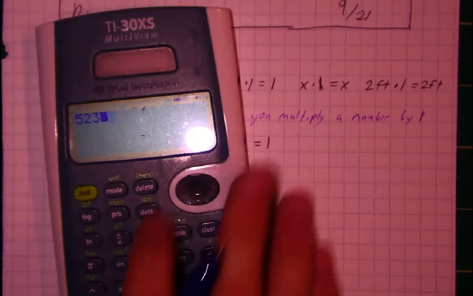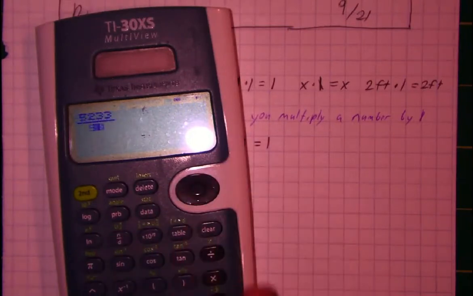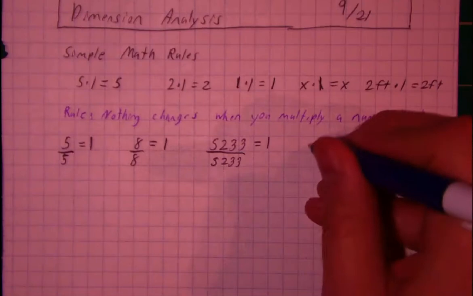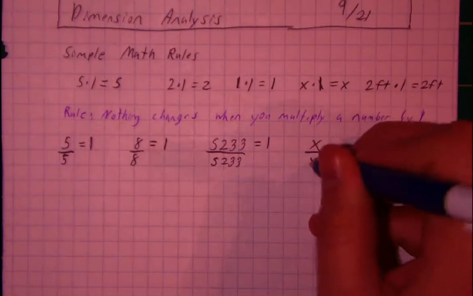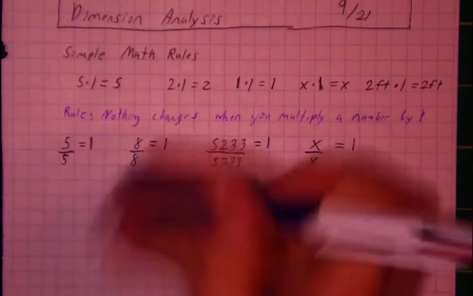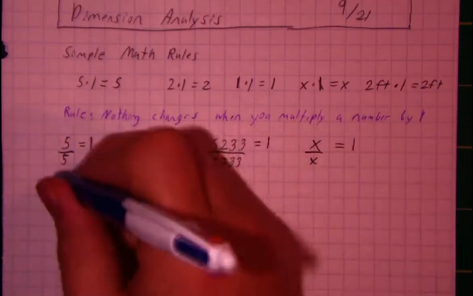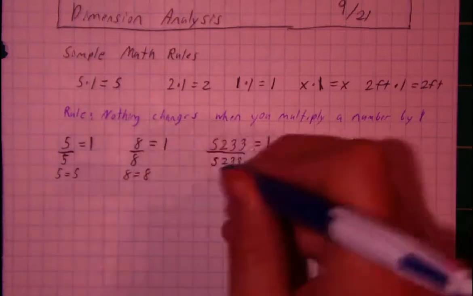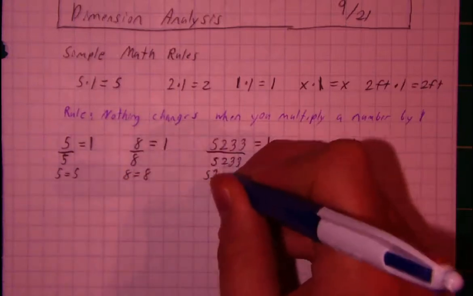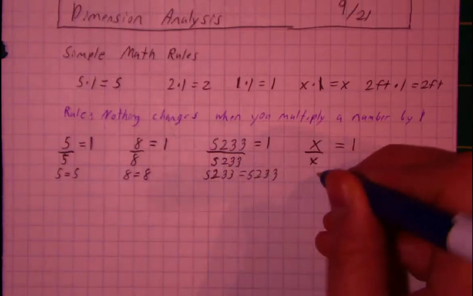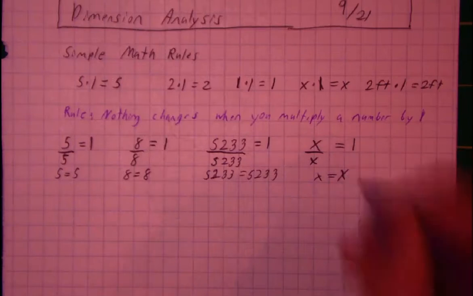5,233 divided by 5,233 equals 1. Yes. Therefore, x divided by x equals 1. This is true because 5 equals 5, 8 equals 8, 5,233 equals 5,233, and of course x equals x.